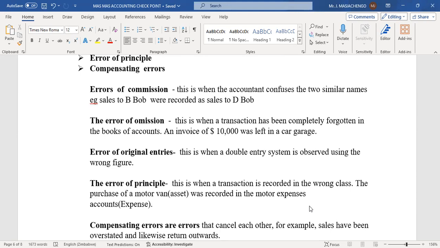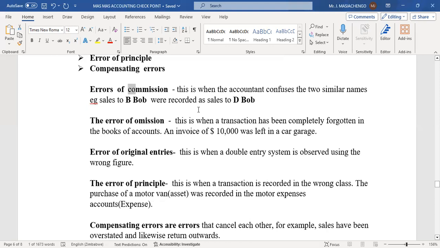Are you seeing the confusion that this accountant is having here? So we call it an error of commission. Please take note.